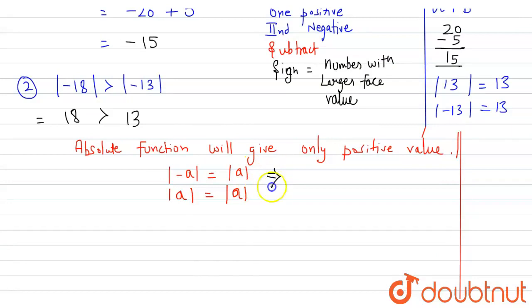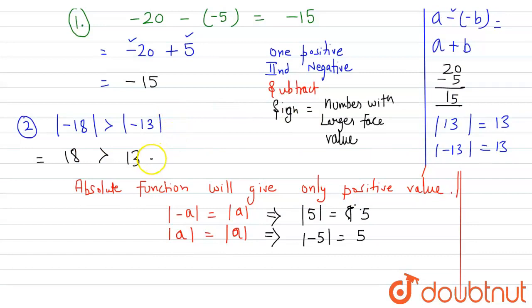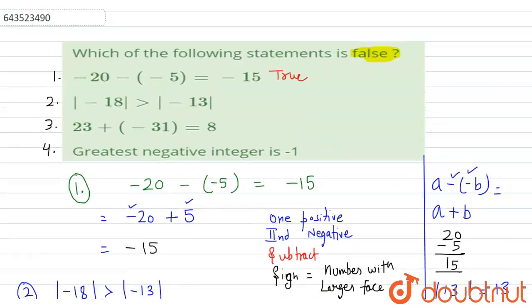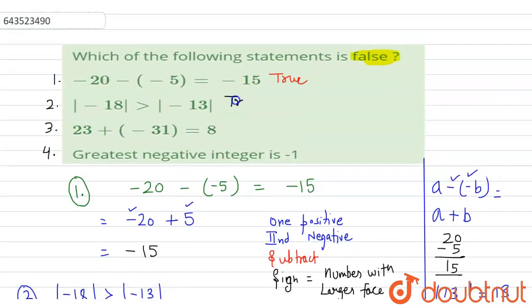This is the property of the absolute value. If we write 5, we get 5 only, and if we write negative 5, we still get 5. So option number 2 is also true, and hence it can't be our answer.